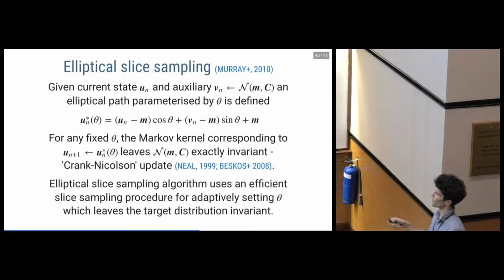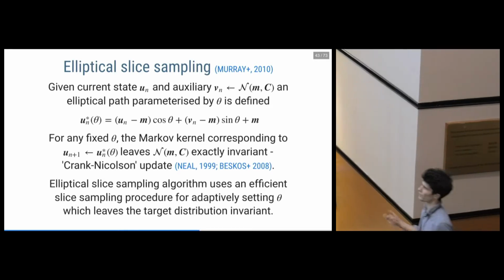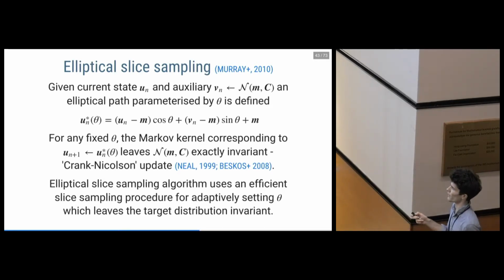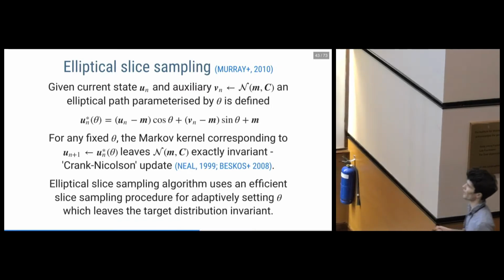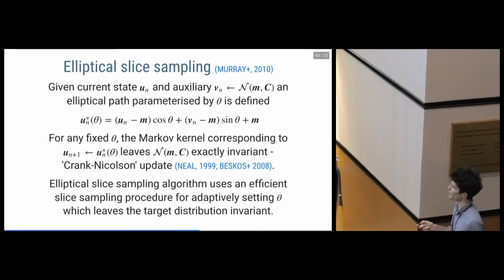But basically, we can think of elliptical slice sampling as an adaptive variant of a Crank-Nicolson type update. Rather than setting rho as some fixed value, we adaptively set it to be as close to independent as possible, but conservatively reducing down to more and more correlated if that initial independent proposal is not valid.